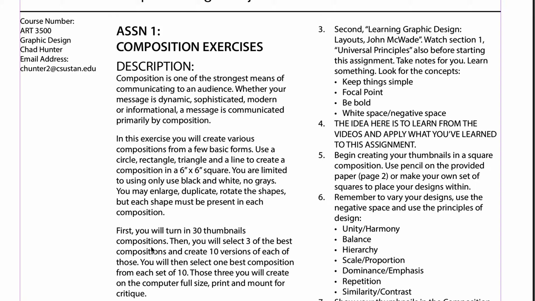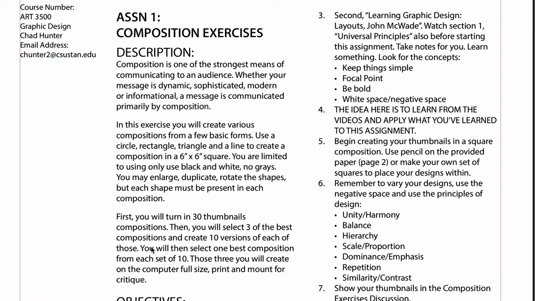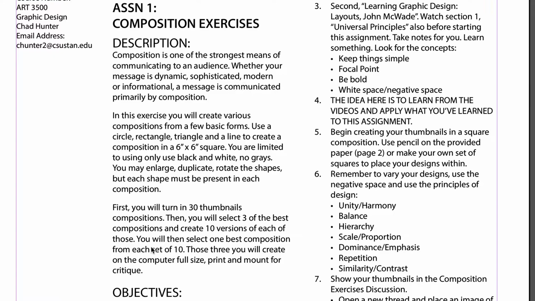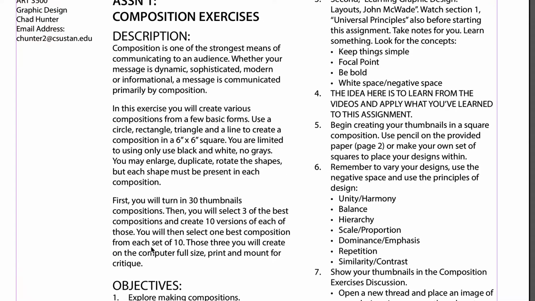You're going to do 30 of them initially, and then you'll submit them into a discussion board. You'll create a new post and submit that image in the post, and then comment on 2 other students so we can get a lot of feedback generated.